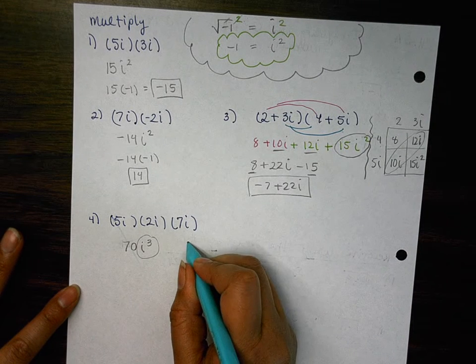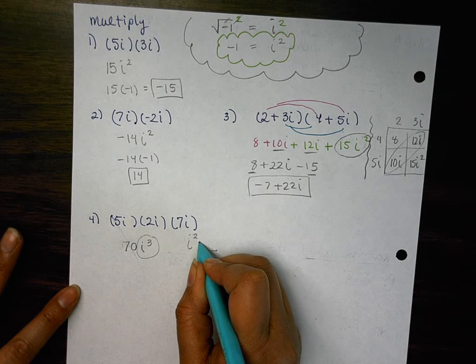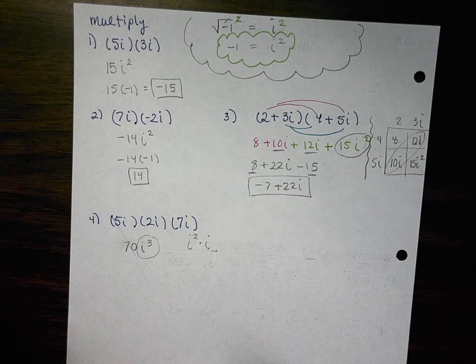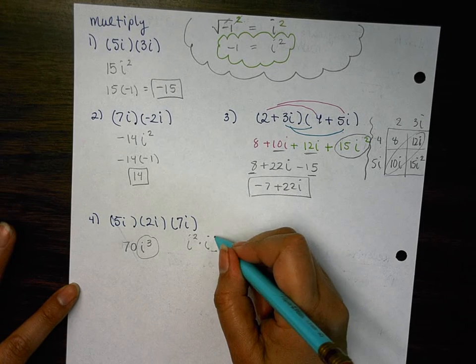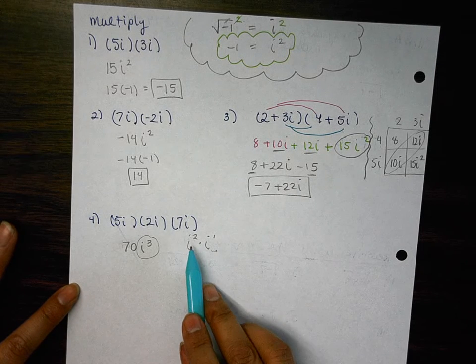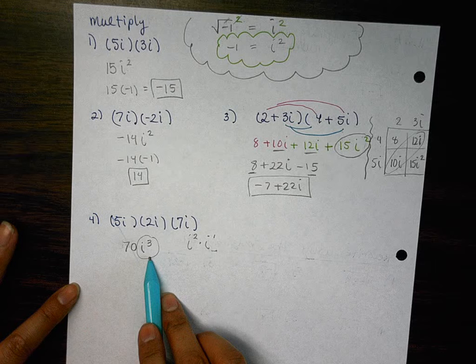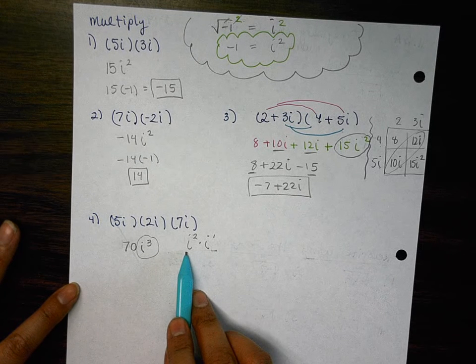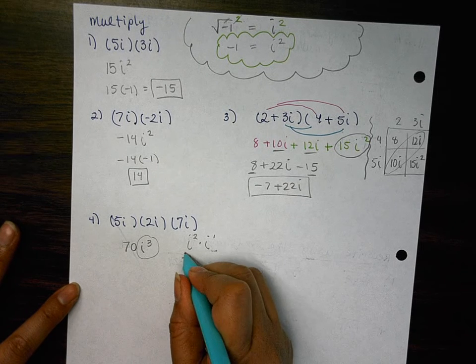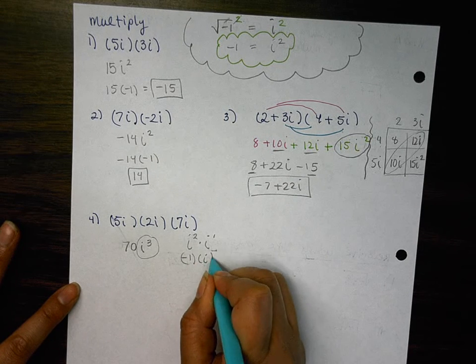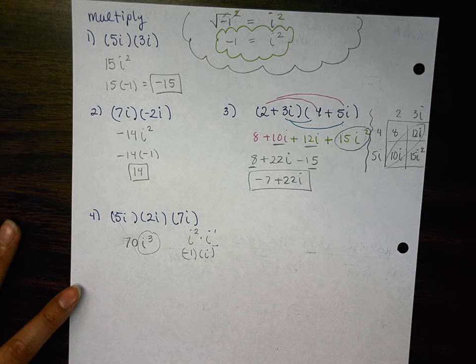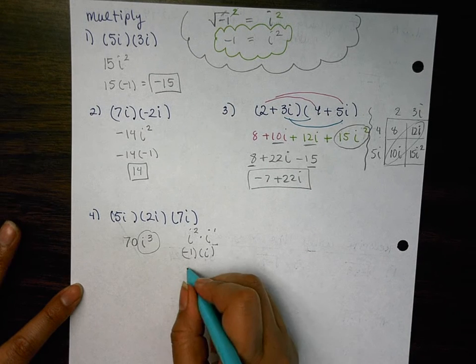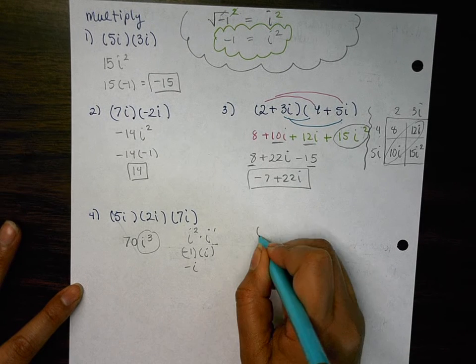Do I have anything in our notes that verify what i cubed is? Okay, so for now, here's what you do. We know what i squared is, so write it as i squared times i. Before I go further, when you add exponents, would you agree that i squared times i is indeed i cubed? Yes or no? What is i squared? We know that one. It's -1. So what's -1 times i? -i.